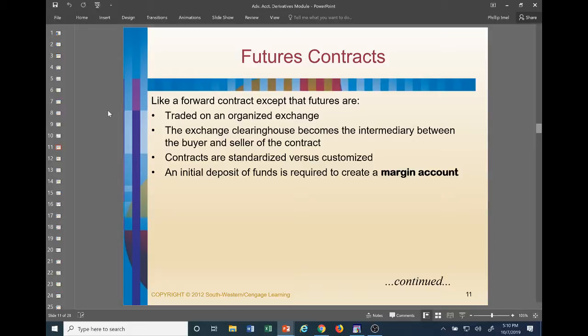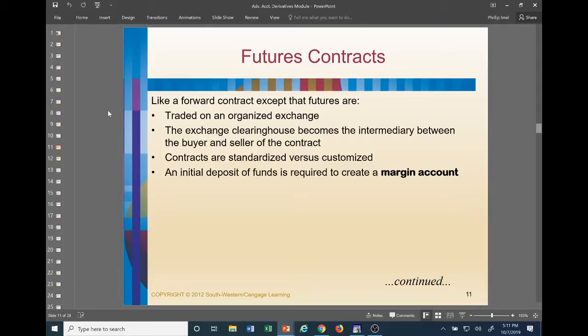Unlike forward contracts, futures contracts are traded on organized exchanges. The exchanges help ensure that the trading partners honor their obligations. The exchange clearinghouse actually becomes an intermediary between the buyer and the seller of the contract. So in essence, the clearinghouse becomes the seller for each buyer and the buyer for each seller.